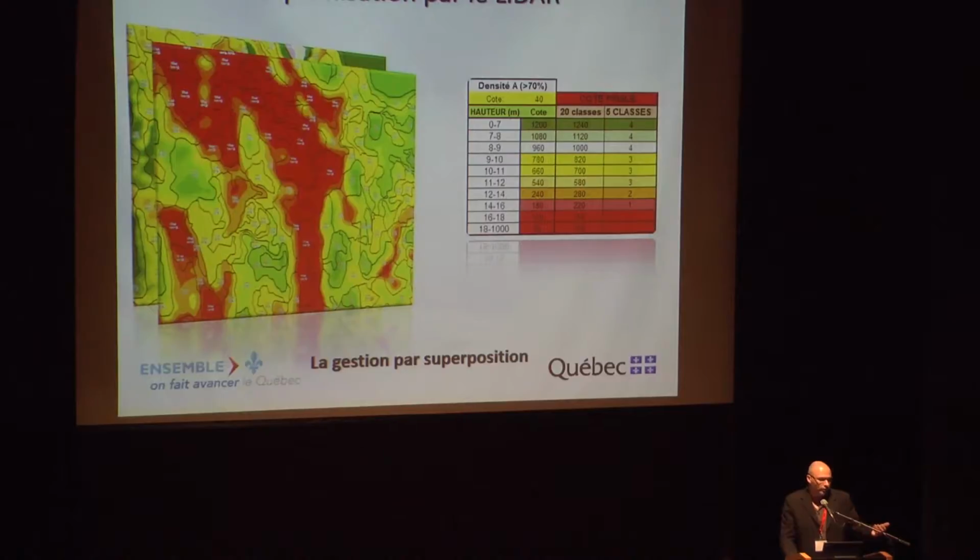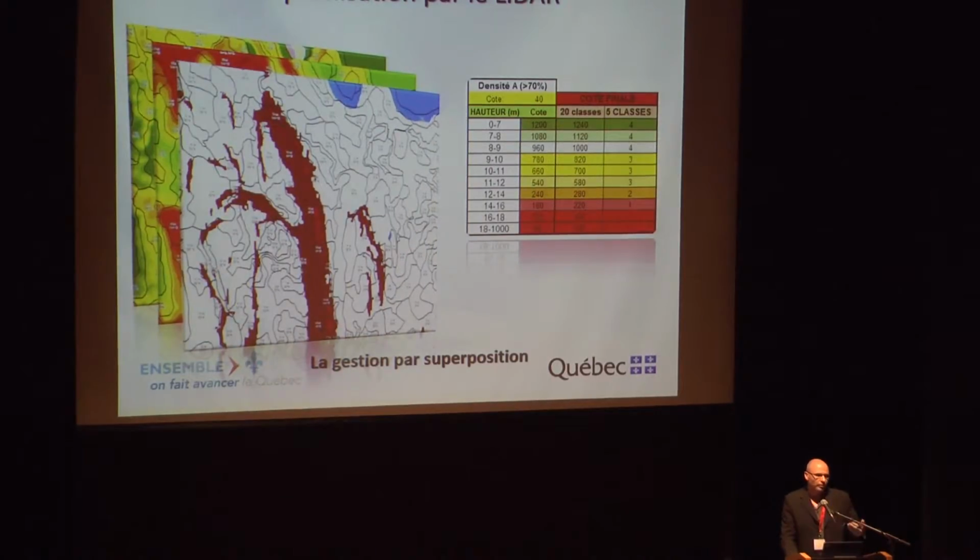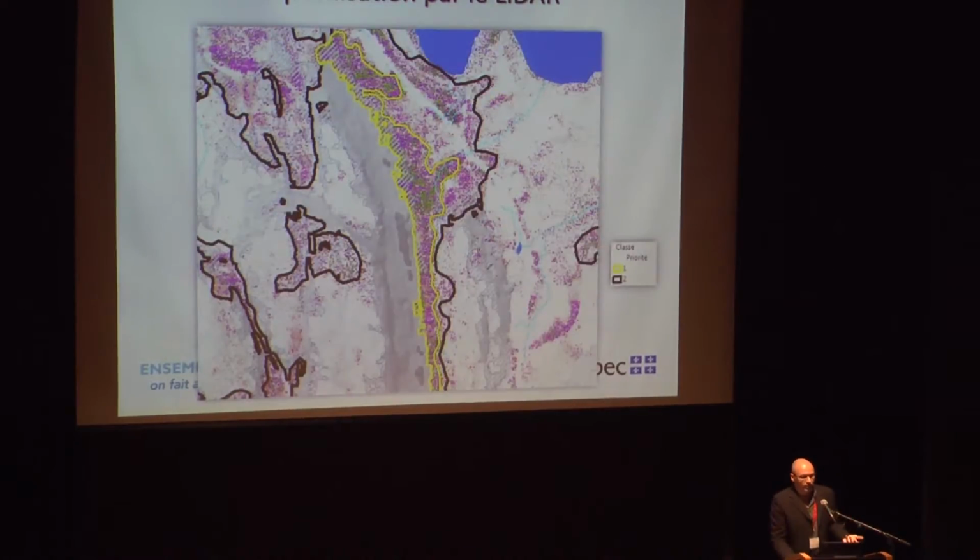Density, 70% and more, has a rate of 40. And then over top of that, you have the layer of constraints to indicate what's not accessible for cutting. And then you say, what do you propose for priority number 1? And then it will suggest what is harvestable and what meets our criteria.